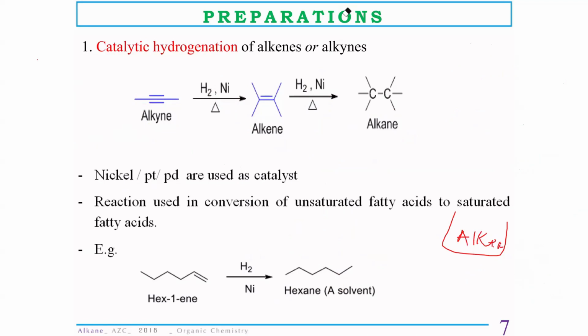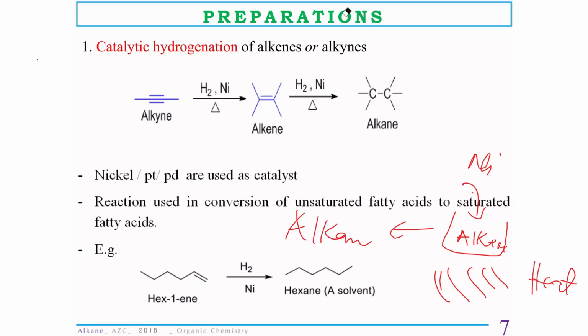You can use either. So you add your alkene, and then you add your nickel, and then you heat it. Plus heat, and then you will obtain your alkane. That is the preparation of alkanes using catalytic hydrogenation.